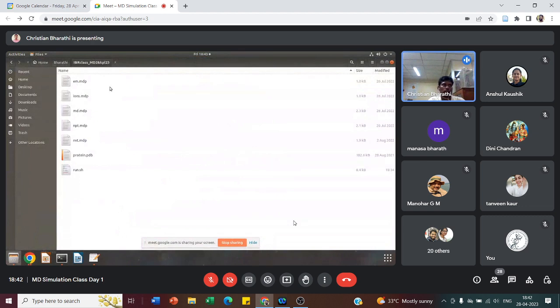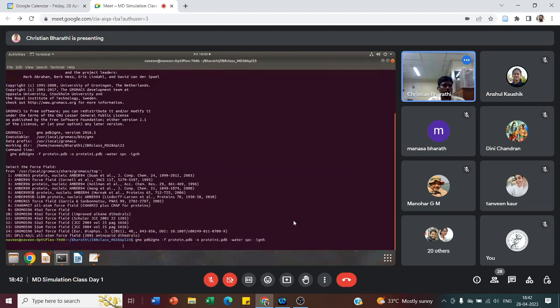So here the input files are there. I shared these files with you. The first command is this. We have to give this command to change the PDB file into GROMACS input. The whole command is here.